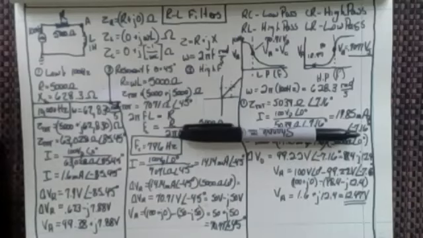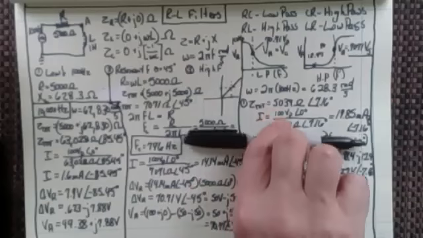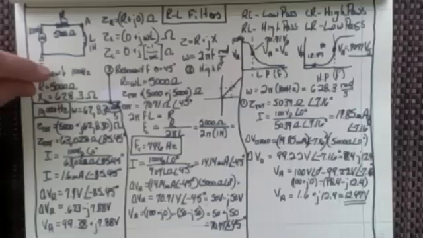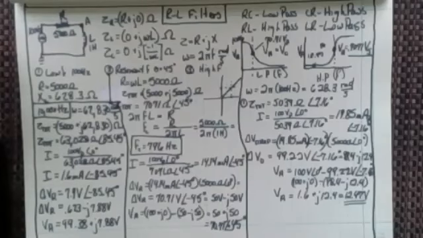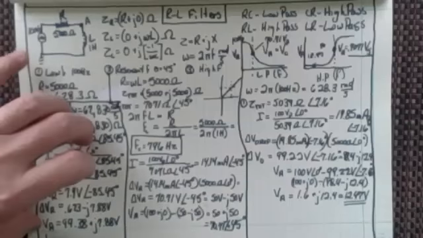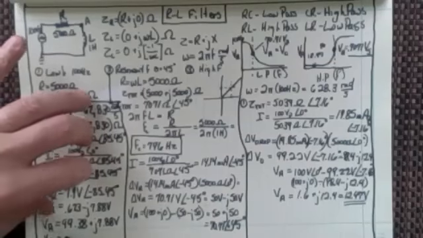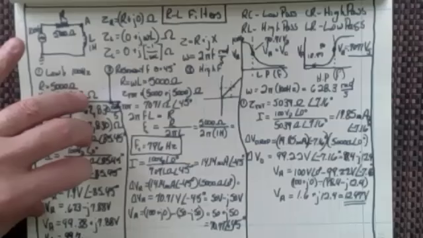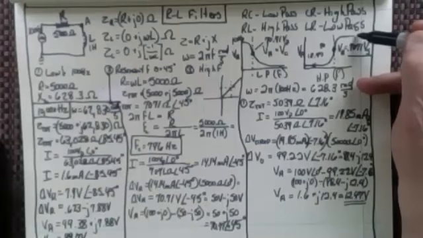Yes, let's see. Let's square that 99.38 and then add to it 7.88 squared equals, taken to the square root, 99.7. Right, so it's going to give me 99.7, and then the angle that I'll have, I'll write that out just to finish us off. So this is 99.7 volts, very close to 100, right?